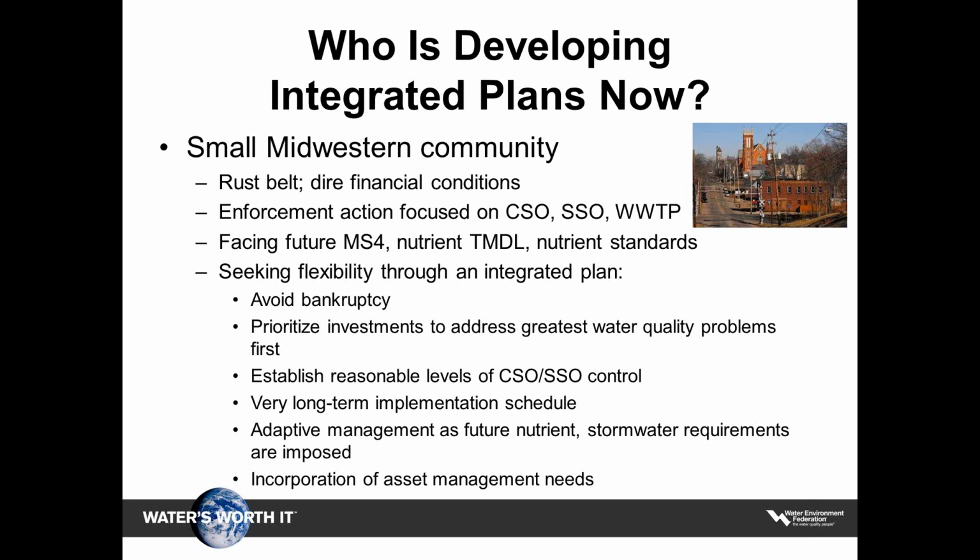They're aware that they don't want to create additional problems by ignoring the rest of the system while they focus on CSOs and SSOs. They may need a use sustainability analysis to meet water quality standards at the end. And the affordability analysis that's incorporated into the integrated planning process will help them if that becomes necessary in the future.